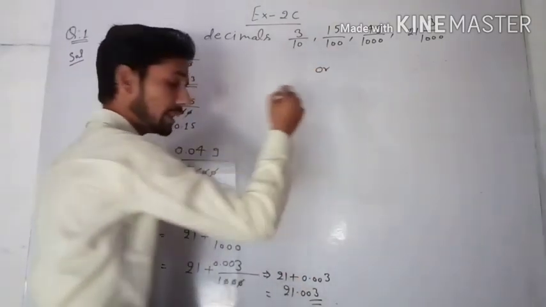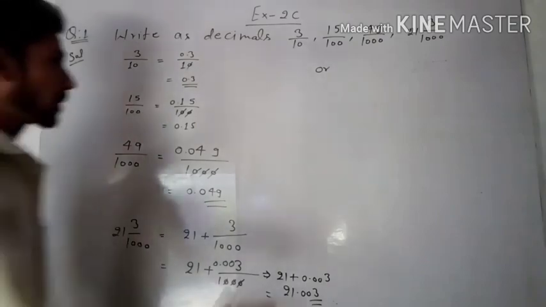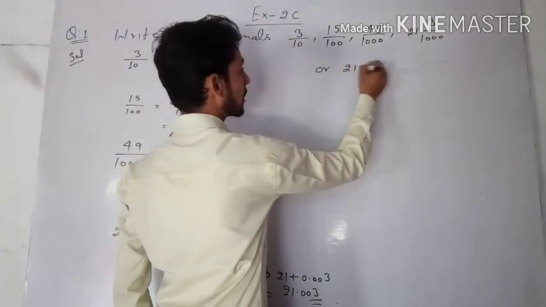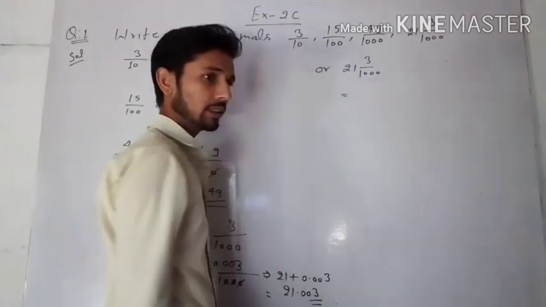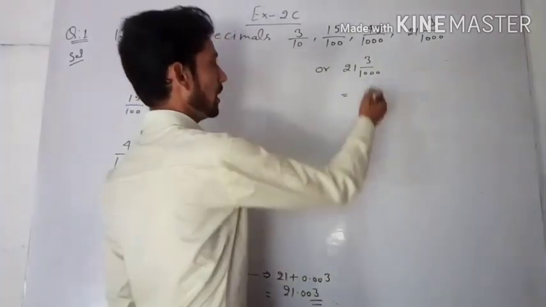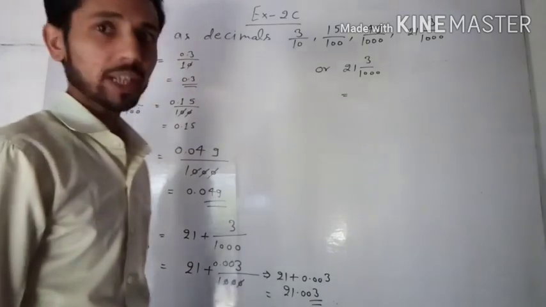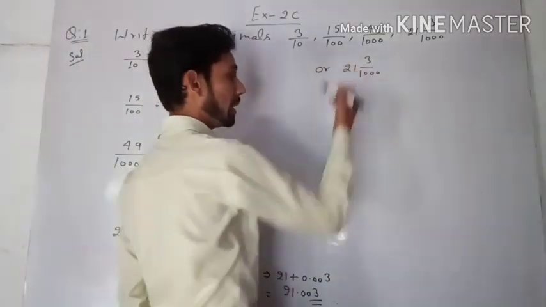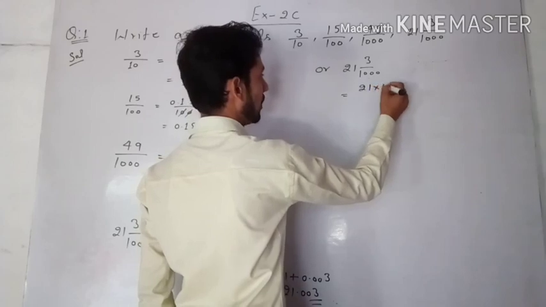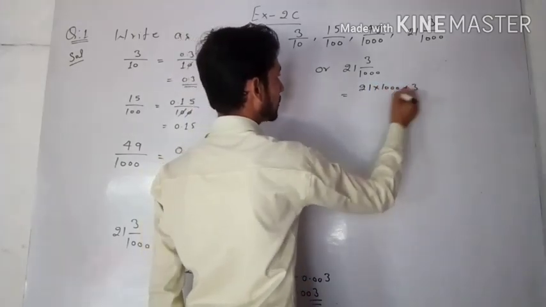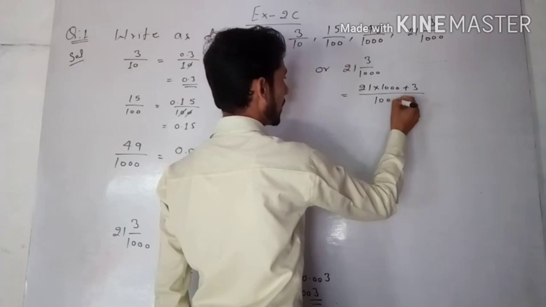Or the second method is this. 21 3 upon 1000. First of all, we will convert it into an improper fraction. 21 multiply 1000 plus 3 upon 1000.